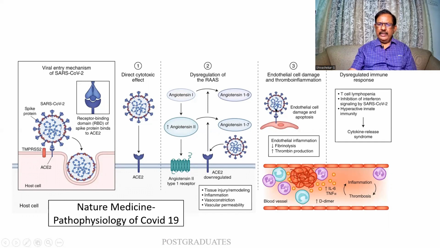And ultimately you find that there can be an endothelial damage and there can be the release of the various other mediators, fibrin degradation product, fibrinolysis can occur. Look at this one. So there is a microthrombus that is being formed. And there is a dysregulation of the immune response. There is a response, but it is dysregulated. Why? Because we are not exposed to the virus earlier.